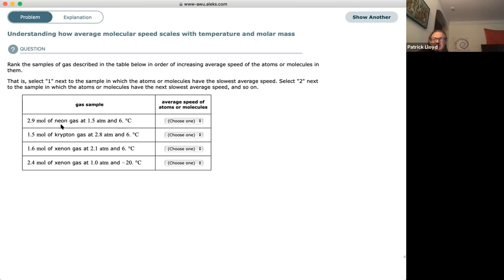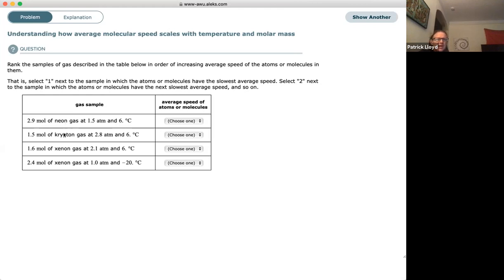It's 20.18 grams per mole, and you could convert the temperature to Kelvin. But notice 3 of them are at 6 degrees C, so these first 3 are all at the same temperature. This one right here is much colder, at negative 20. So that's probably going to be the slowest because it's at the lowest temperature.